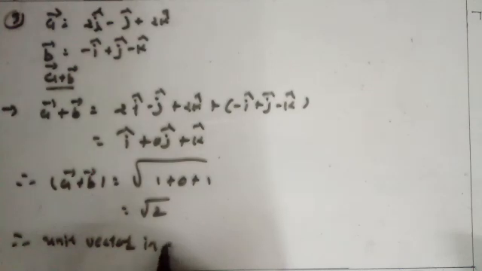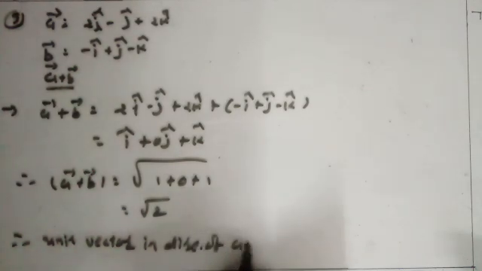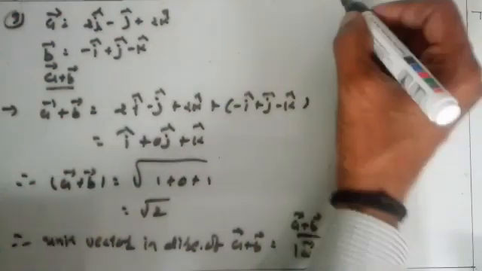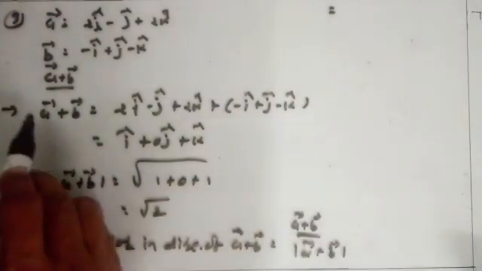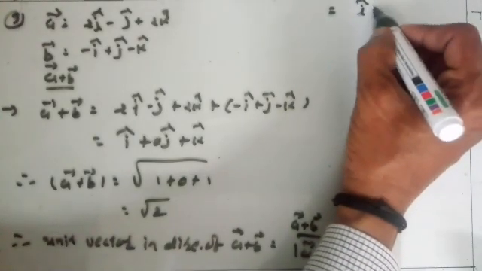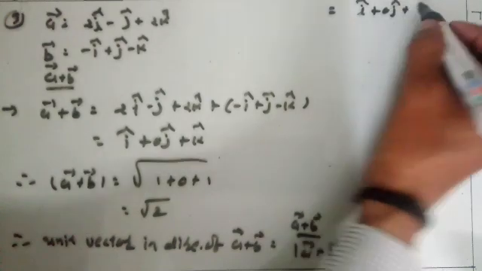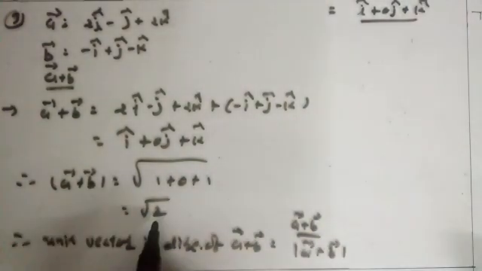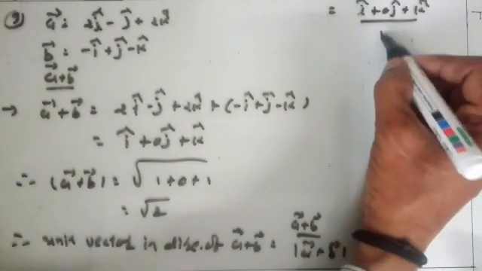in the direction of A plus B is equal to A plus B upon mod of A plus B. So here A plus B is equal to i plus 0j plus k upon mod of A plus B, which is equal to root of 2.